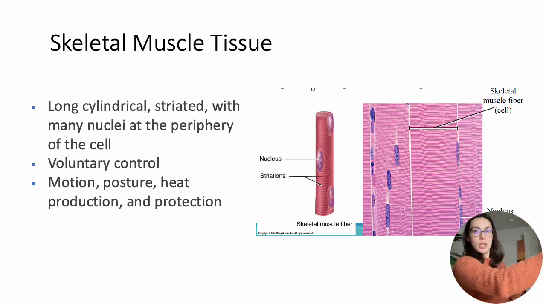So if I've got a muscle right here, it's connected up here to a bone. It's connected over here to a bone. And when this muscle shortens, it brings this bone closer to that bone, right? So I am voluntarily telling my arm to do this.